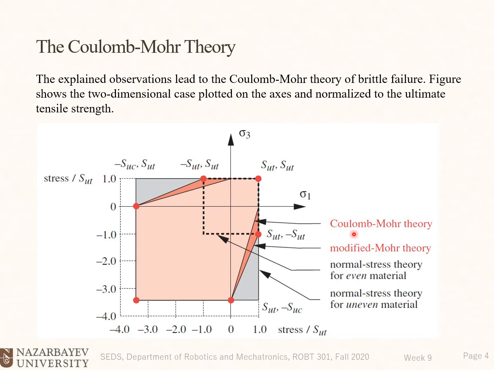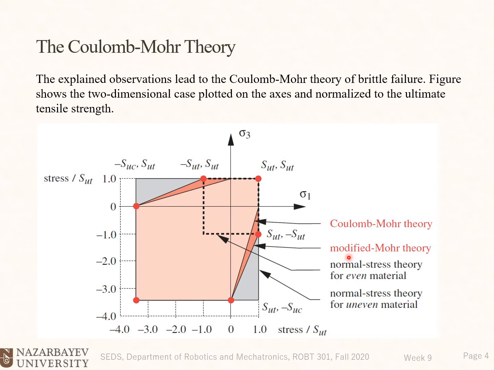The first one is Coulomb-Mohr theory. The Coulomb-Mohr theory connects this point to this point. So you see in the first quarter, because both stresses are positive, we use the maximum normal stress theory. So we're going to leave it untouched, and we have the square.